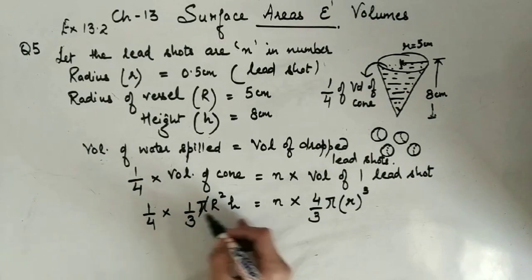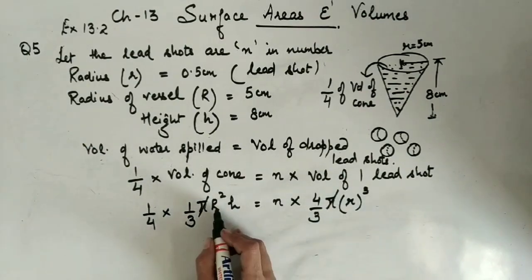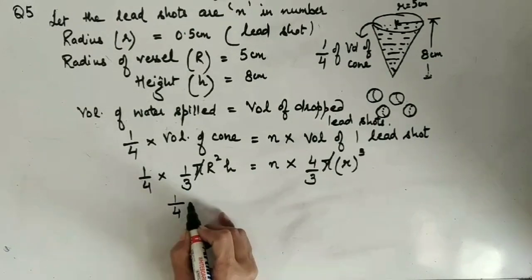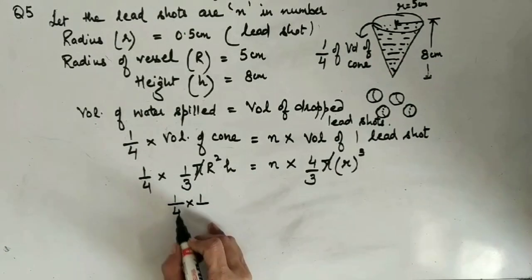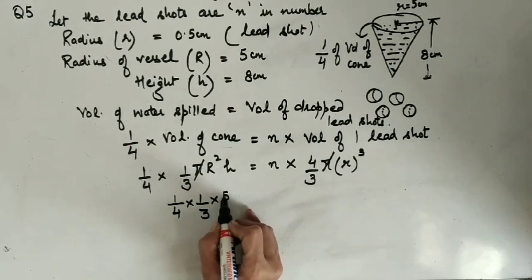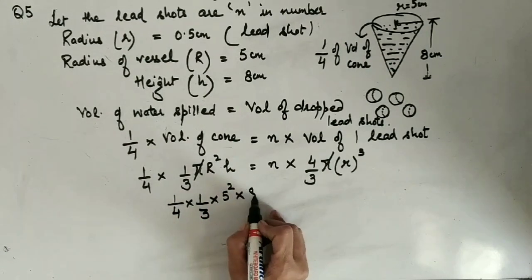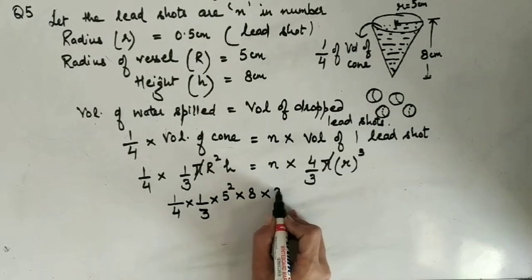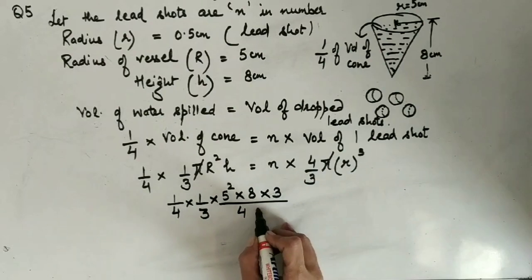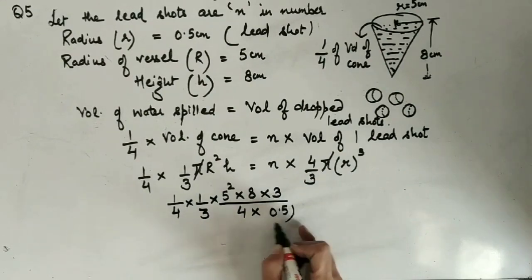On simplifying, let's cancel pi from both sides. So this is 1/4 into 1/3, put the value of R, which is 5 square into 8. Put this 3 here, bring the 4 down, bring this r cube down, r being 0.5 cube.